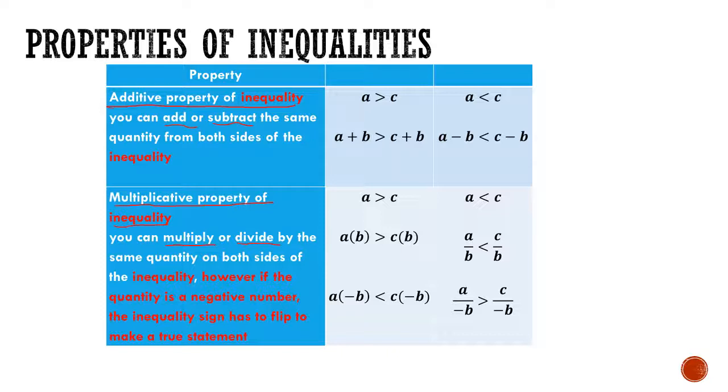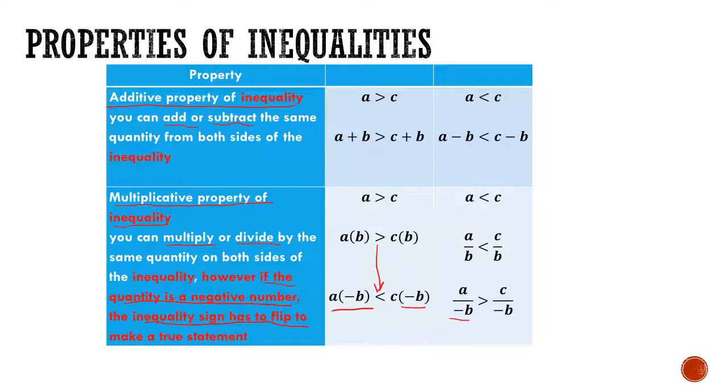The only difference is that when we multiply or divide by a negative number, the sign of the inequality has to flip to make a true statement. So every time we multiply or divide by a negative number, just like in this example, the inequality sign flips.